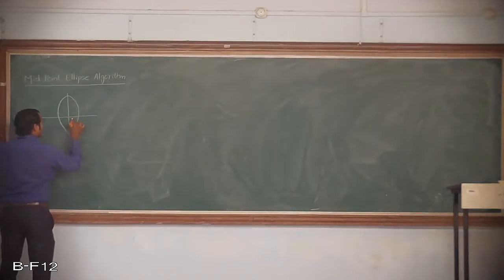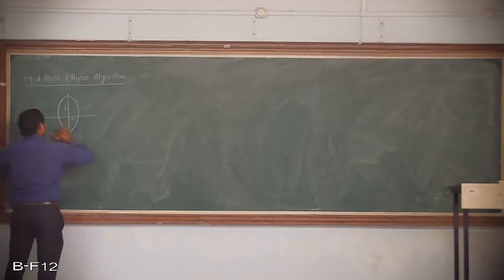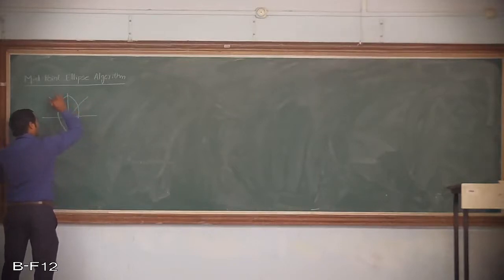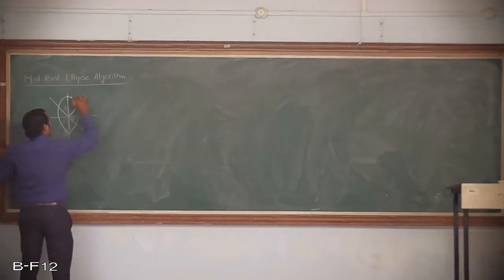Here this radius we will consider as A, and this radius we will consider as B. Then we will split this into 8 equal parts. In yesterday's class, I took this part as the first octant, and we derived the equation for the first octant.